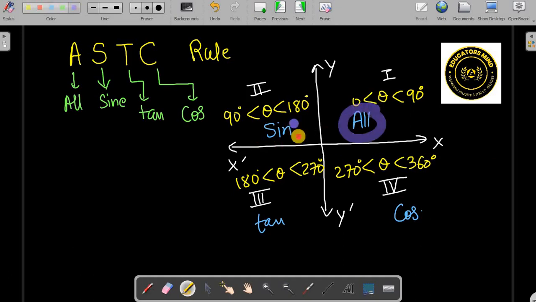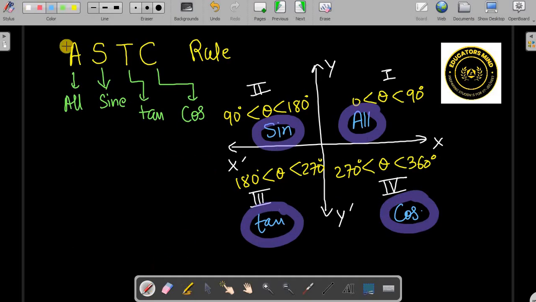So this is the rule, all sine tan cos. Now based on this rule we can calculate. So let us take the first example. Start with this example of sine.